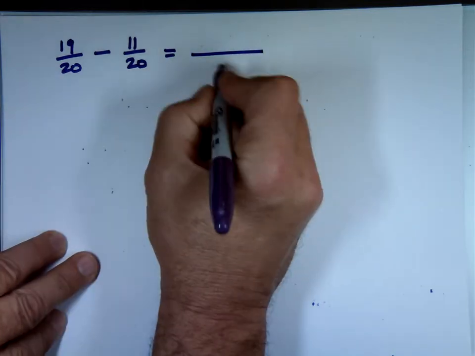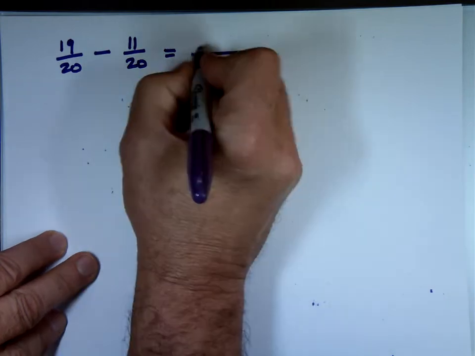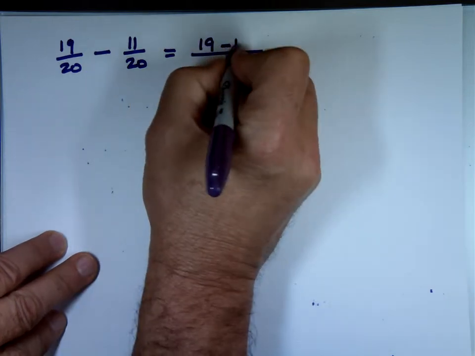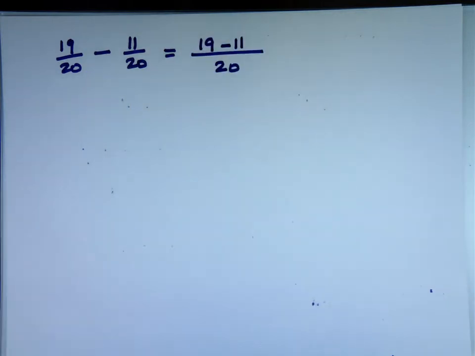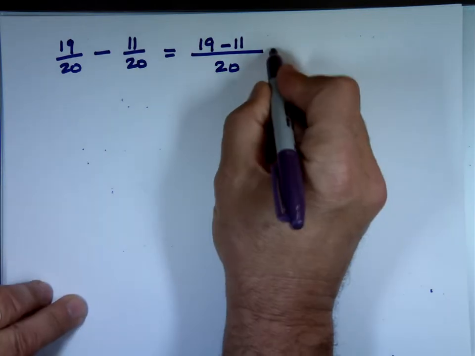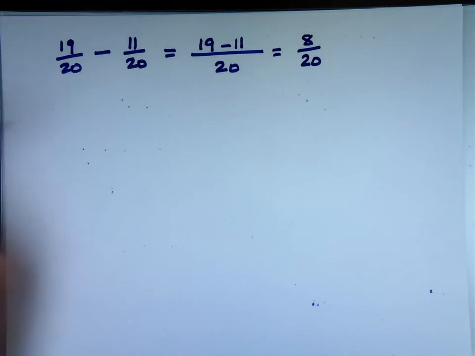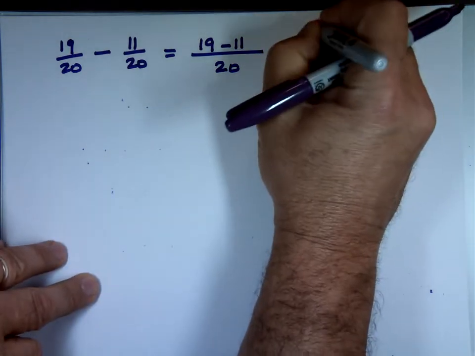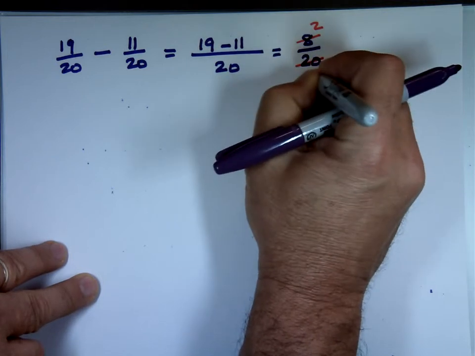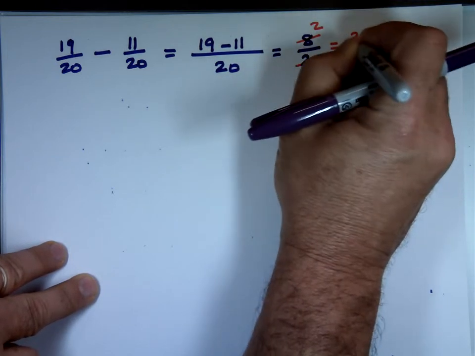If the bottom is the same, leave it alone. 19 minus 11. What do we have? 8. And I think I can divide the 8 and the 20 by 4, right? By 4, this is 2. By 4, this is 5. It's 2/5.